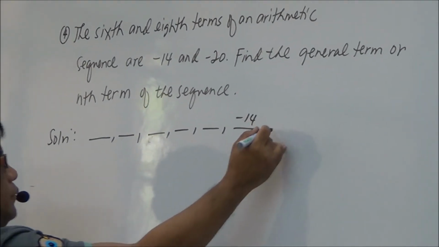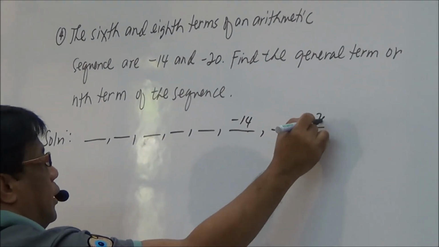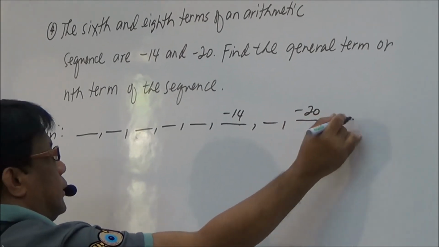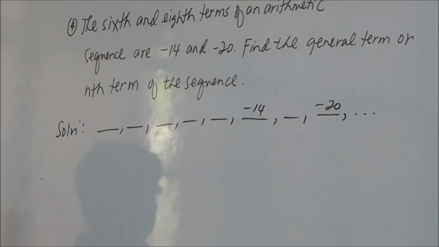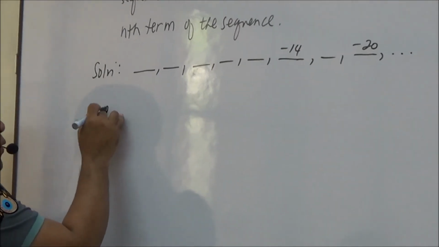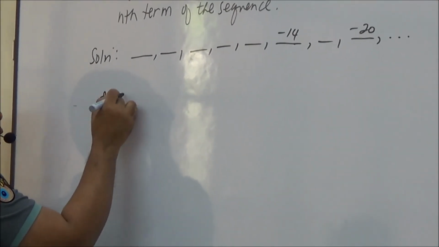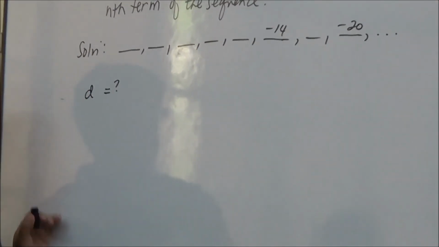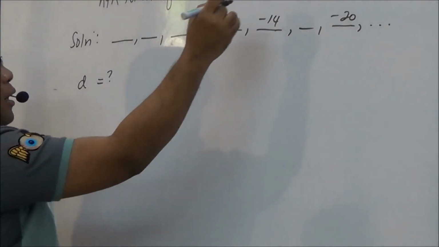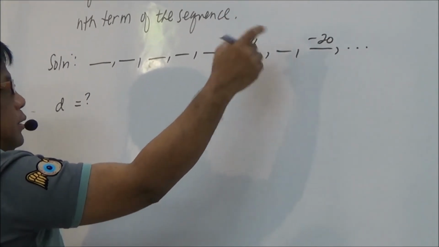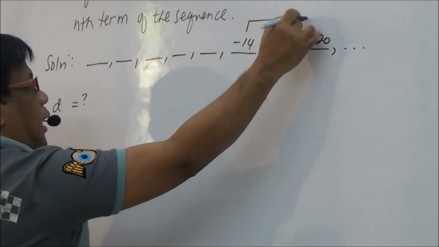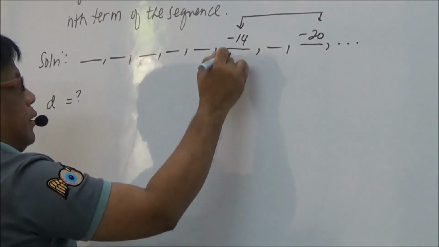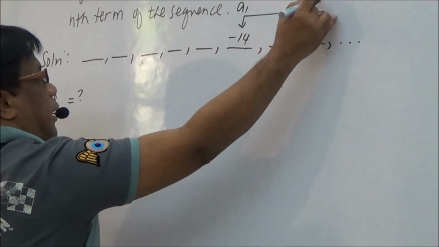And then you have 7, 8, negative 20, and so on. Let us define first the common difference. And how are we going to get the common difference? You can start by having these given terms identified as your A1 and then your AN.